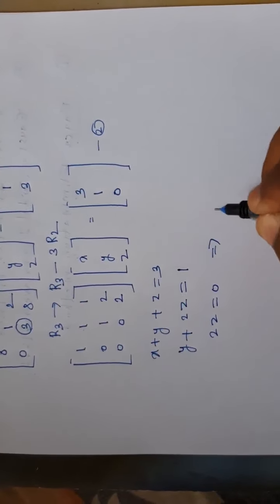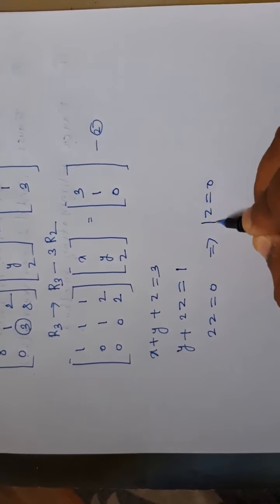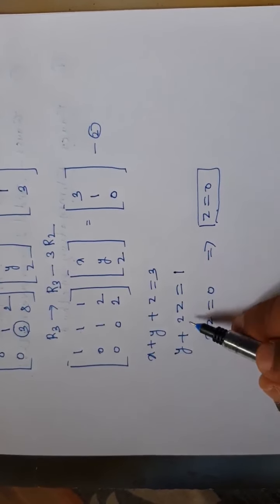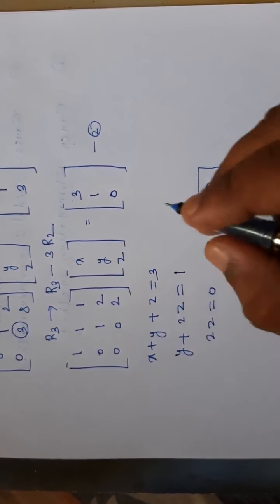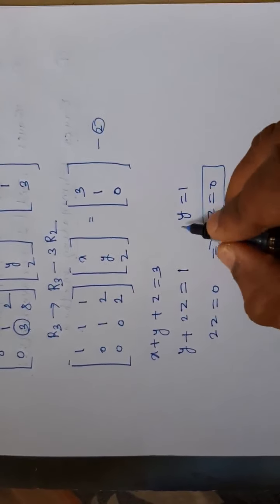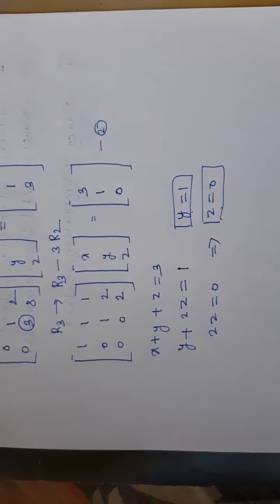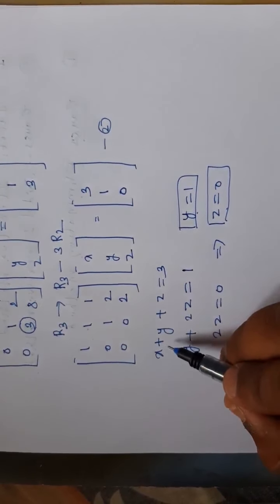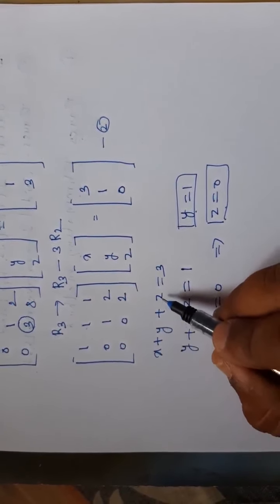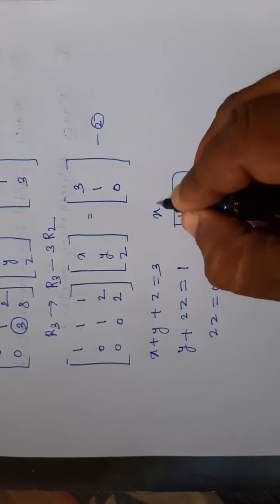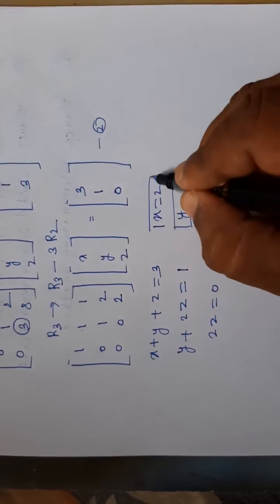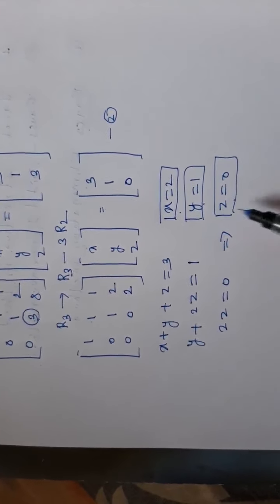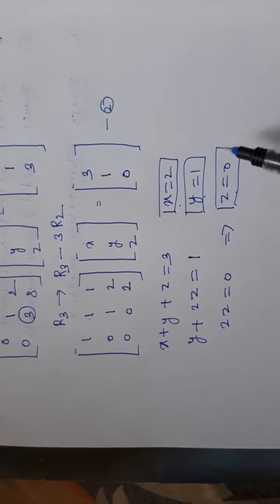This implies z is equal to 0. I will put z equal to 0 in the above equation, so I will get y is equal to 1. In the first equation I will put y equal to 1 and z equal to 0, so I will get x is equal to 2. These are the values of x, y, z.